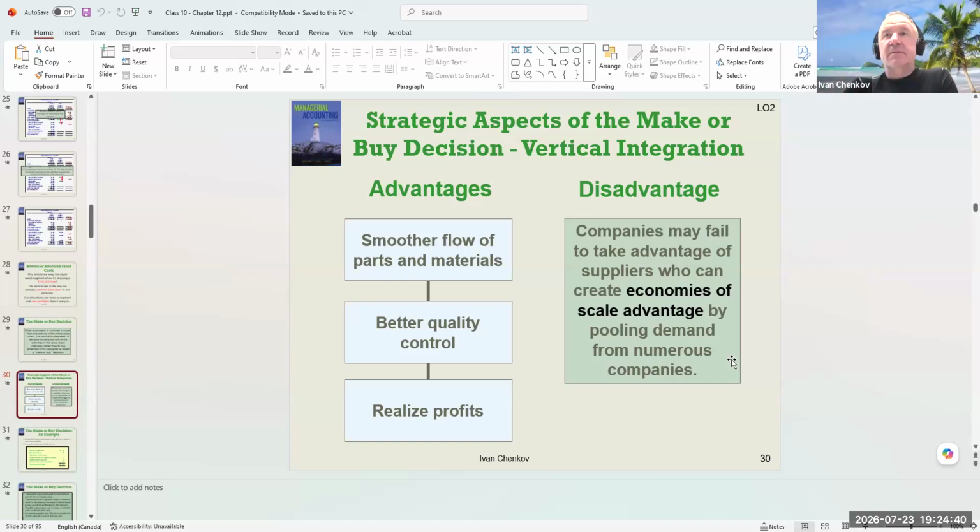Now, the disadvantage is that the company might lose the opportunity to create economies of scale, which means giving some of the value chain activities to somebody else who is very good at this, has very good expertise, and we just use that as our benefit, at the same time with available resources which we're freeing.